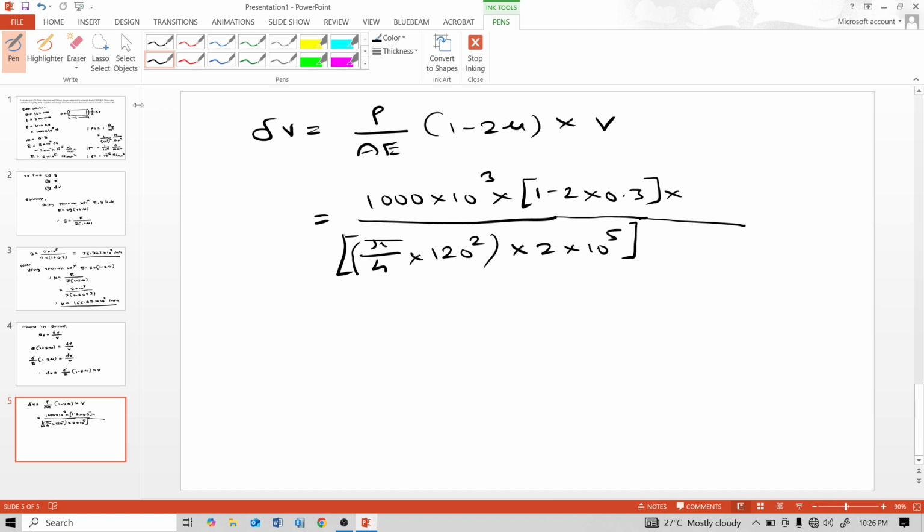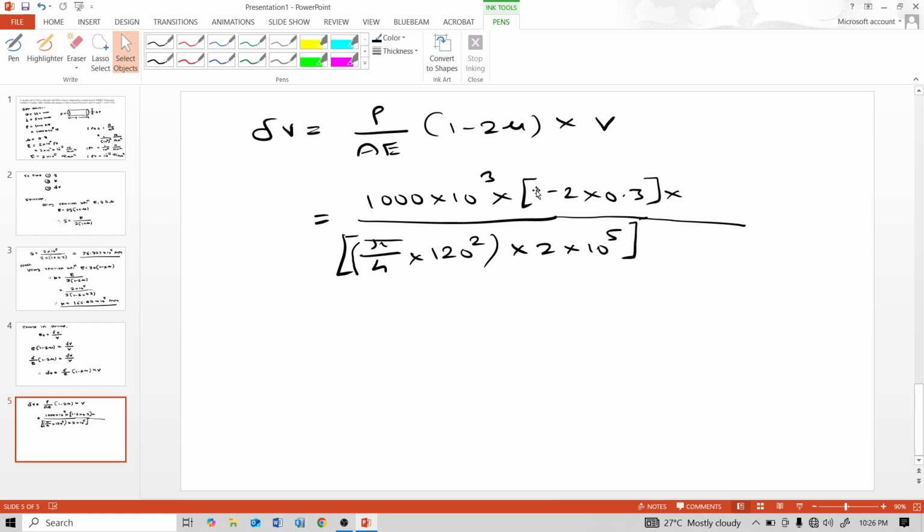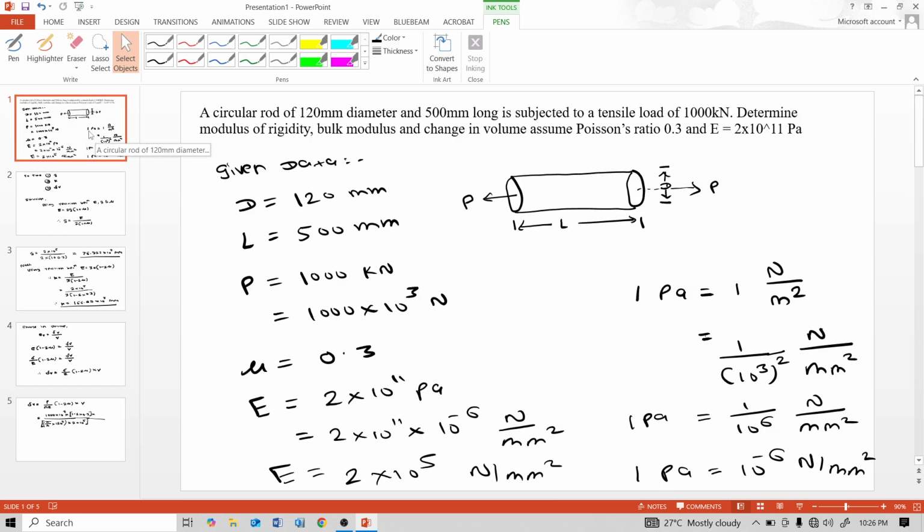What is this V? Volume. This rod is cylindrical and the volume of a cylindrical rod is area into length, A into L. Simply, the volume for that rod is area into length.